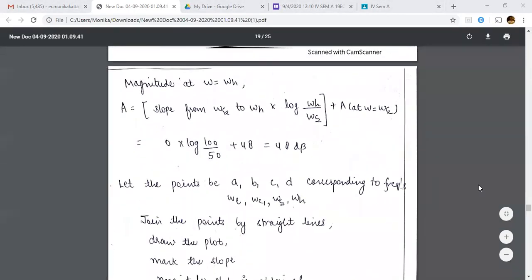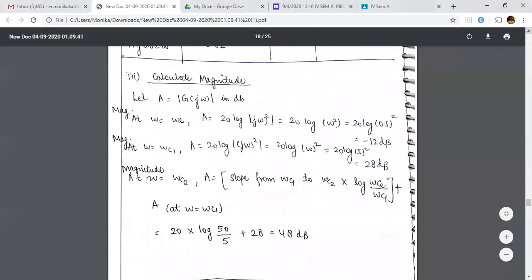Now, how to calculate magnitude? Let the magnitude be A. What is A? A is the magnitude of G(j omega) in dB. You have to calculate the magnitude at omega equals omega L. What is omega L?